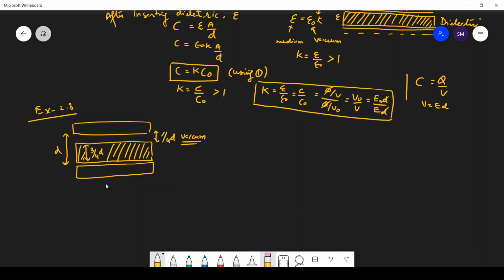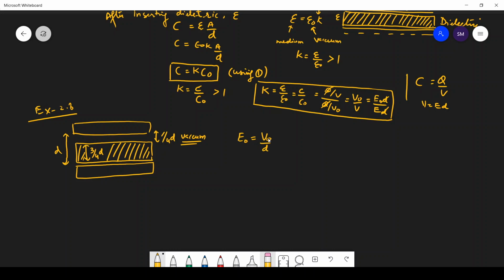How is the capacitance changed when the slab is inserted between the plates? What is the new capacitance when this slab was inserted? When there was a vacuum, at that point of time, the electric field between the plates was E naught is equal to V naught by D. So this was the electric field between the plates when there was no dielectric.